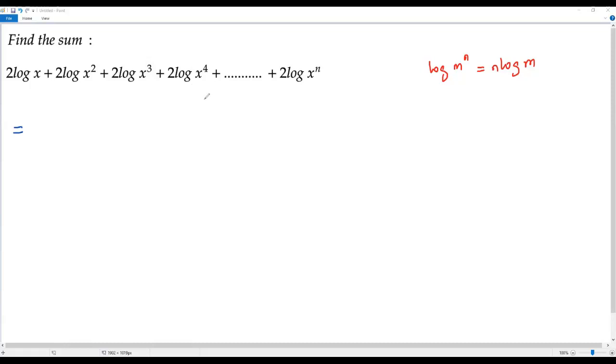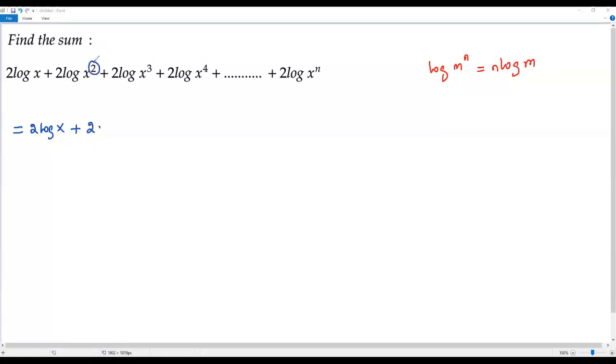This is called the power rule of logarithms. I'm going to use it on the second term, third term, and so on, to simplify each of these logarithms. I have nothing to do with the first term, so I have 2 times log x, plus 2 times.